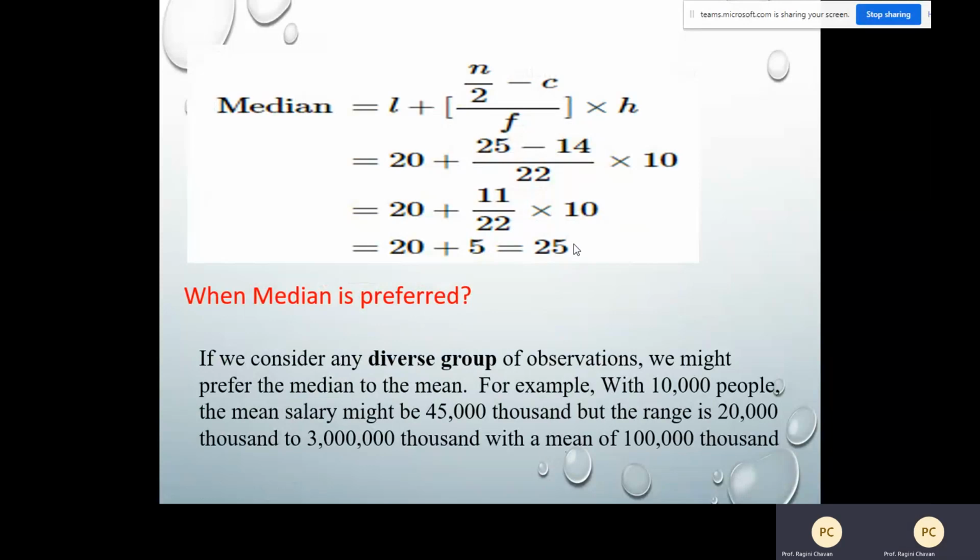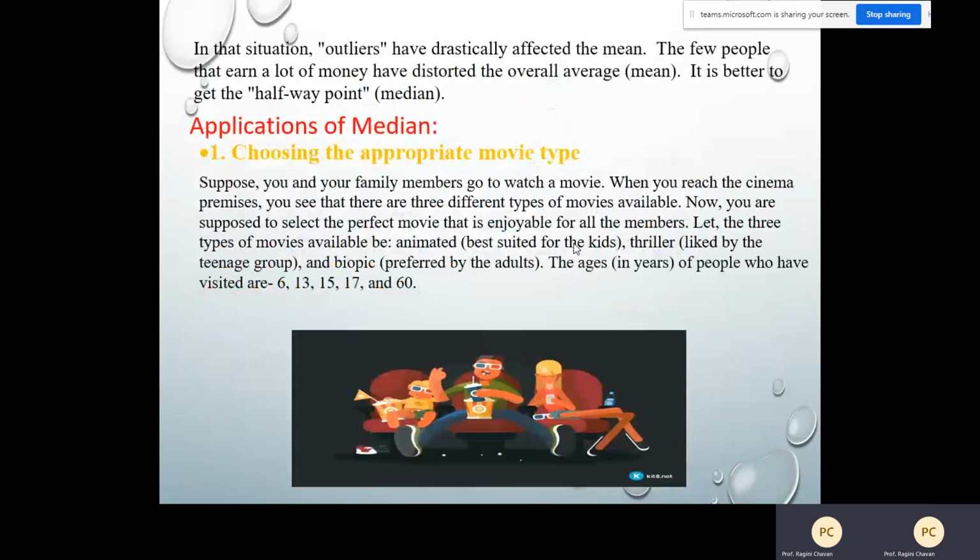Now, when is the median preferred? If we consider any diverse group of observations, we might prefer the median to the mean. For example, with 10,000 people, the mean salary might be 45,000, but the range is 20,000 to 3 million with a mean of 100,000.